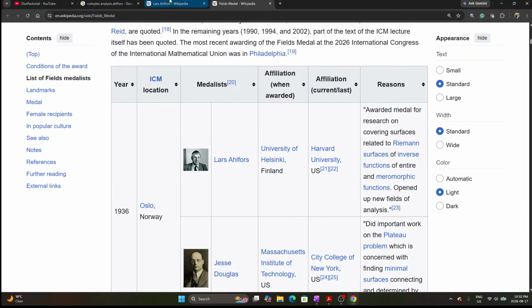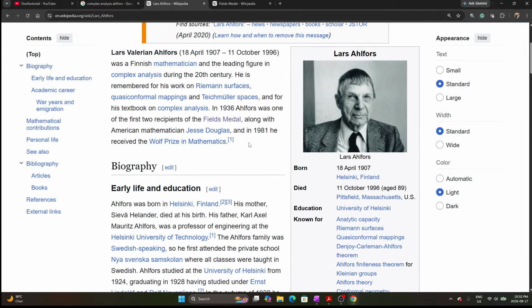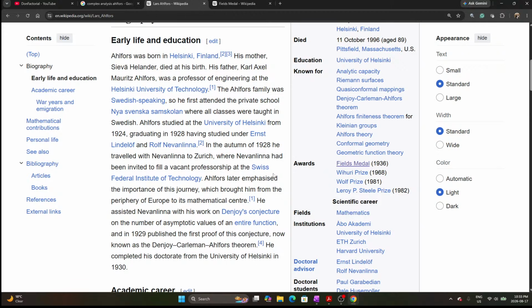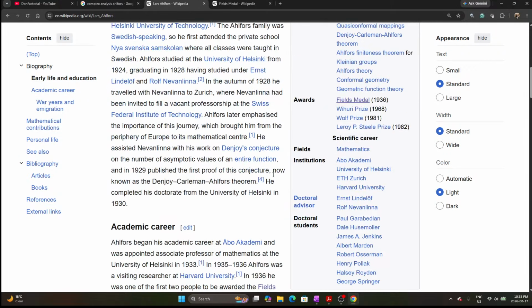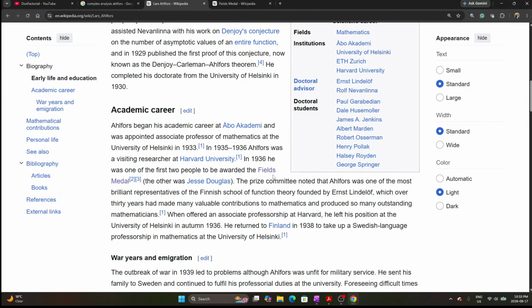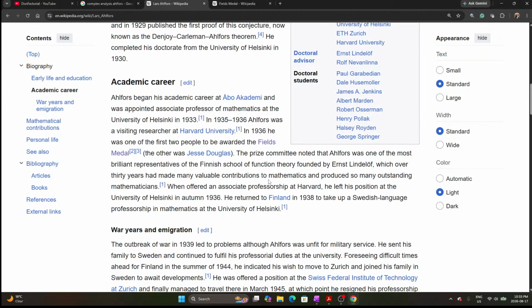So he wrote, at least in the Western world, the canonical text on complex analysis. It's very short, in the style of Baby Rudin. But the problem is it's difficult for self-study.